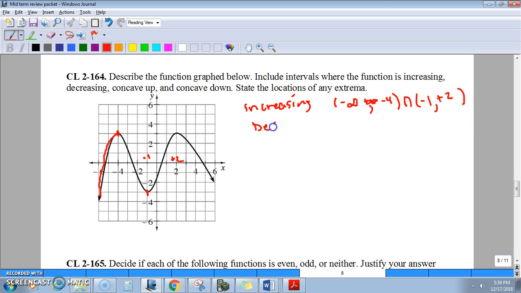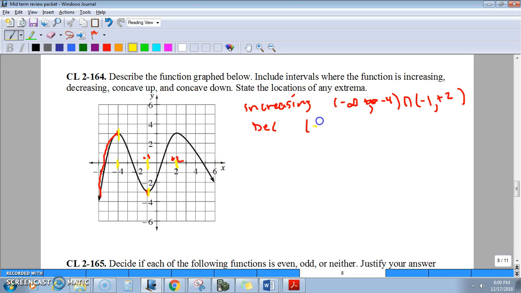Where is it decreasing? It's decreasing from -4 to -1, and from +2 to +infinity.